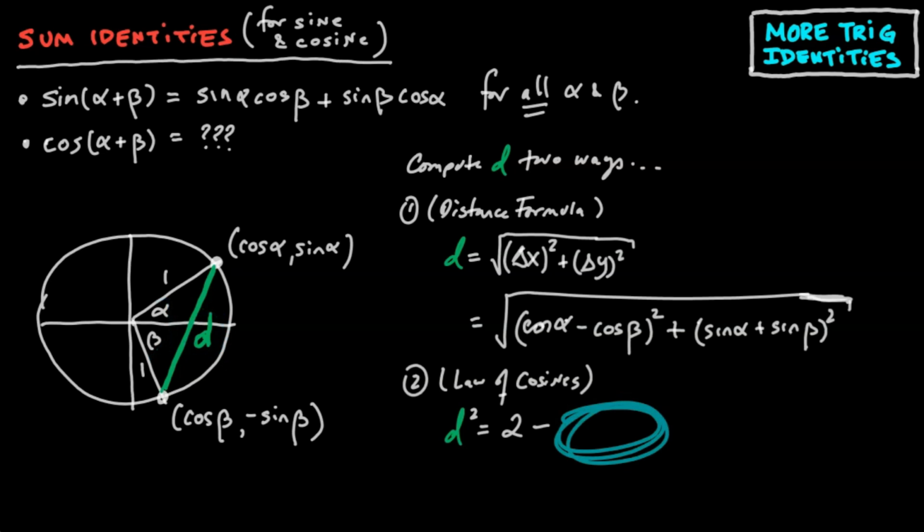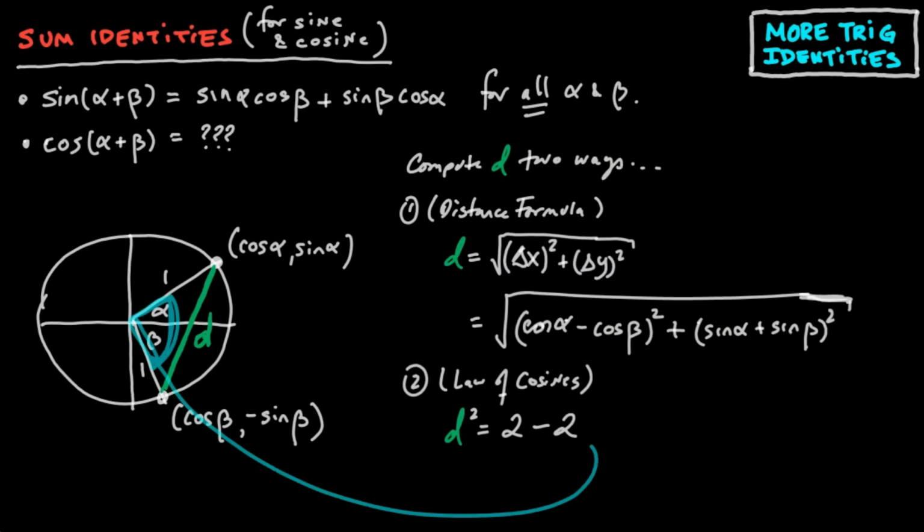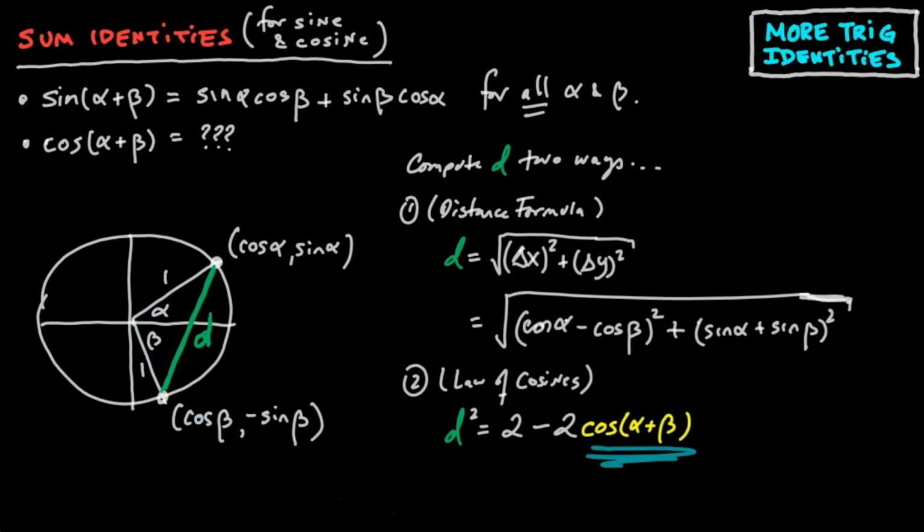And what is that correction term? You should remember it's twice the product of those sides. Well, that's 1 times 1, so 2 times 1 is still 2, times the cosine of the angle in between them. So that's where I'm going to pick up the cosine of alpha plus beta, which is the thing I want. So now I'm very happy.